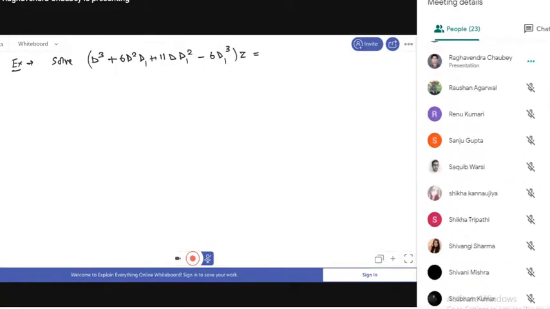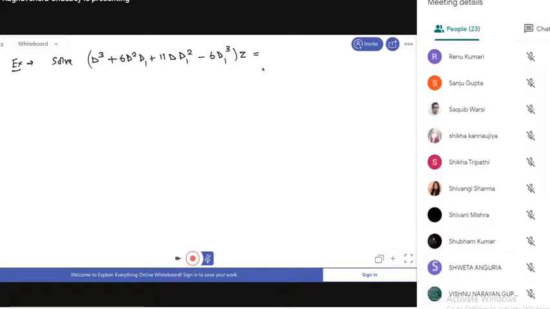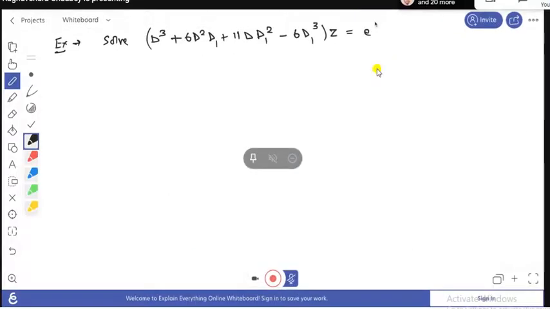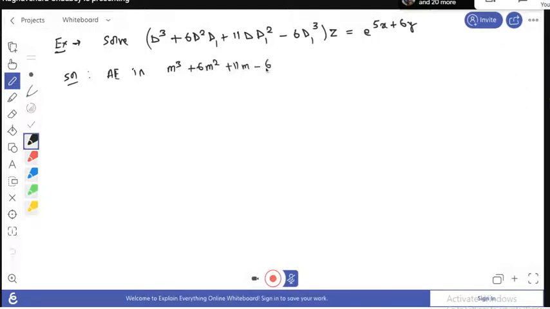Suppose the right-hand side is of this type, e to the power 5x plus 6y. Here we can solve quickly, and we are interested in this non-homogeneous part. So what is the auxiliary equation? The auxiliary equation is m cube plus 6 m square plus 11 m minus 6 equals 0.